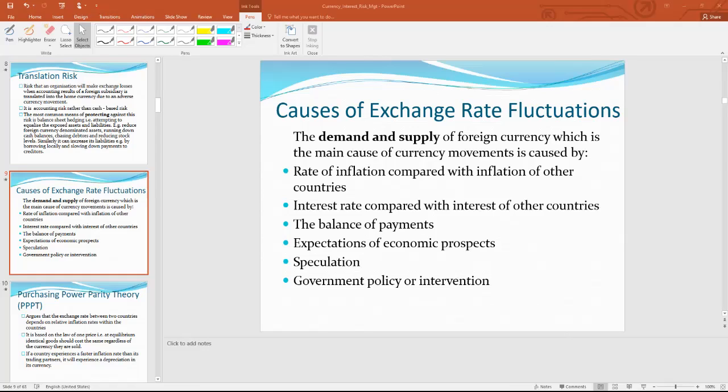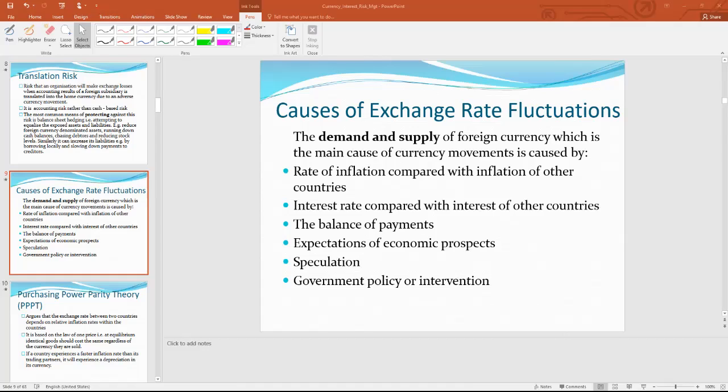Then BOP, the balance of payments, which is simply imports and exports. If the country has more imports than exports, it means the consumers in that economy want more foreign goods as opposed to local goods. You buy more from outside markets, and you don't buy in your own currency.